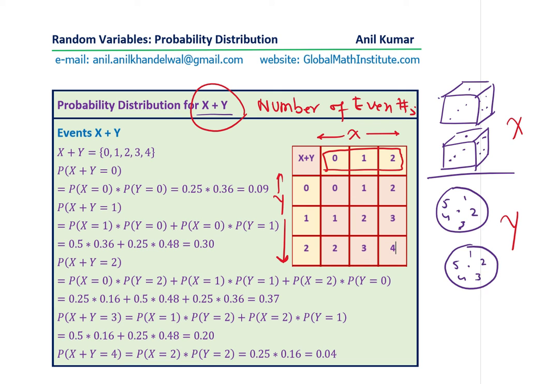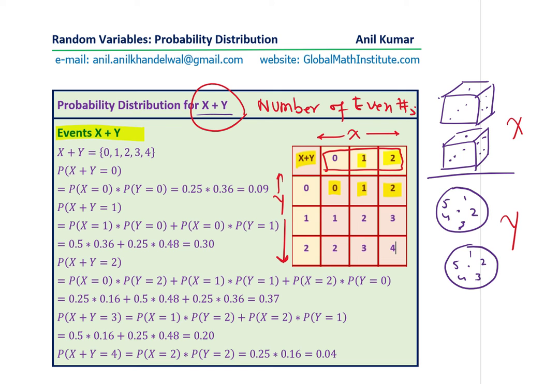When you combine the two, that is x plus y: if both give you 0, I mean no even numbers, the net result is that you do not get any even number. So for this combined event, x plus y, you may get no even numbers. If one of them gives you an even number and the other doesn't, then you could get one even number. And if one of them gives you two even numbers and the other doesn't, then we get two even numbers.